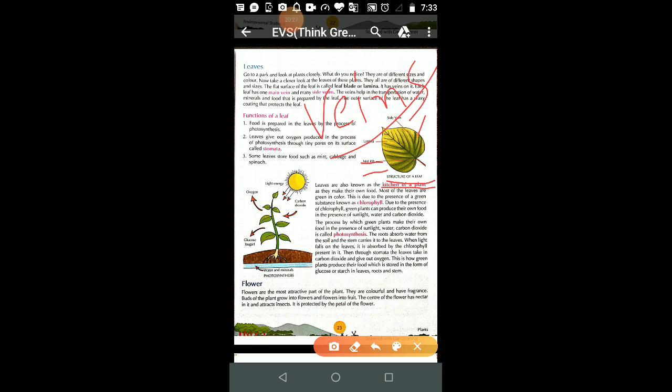That is the reason plants are also known as producers.